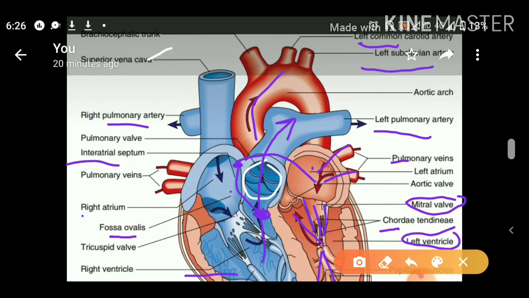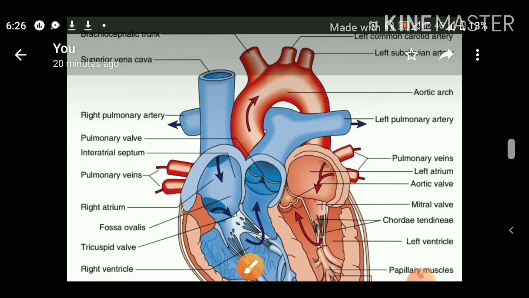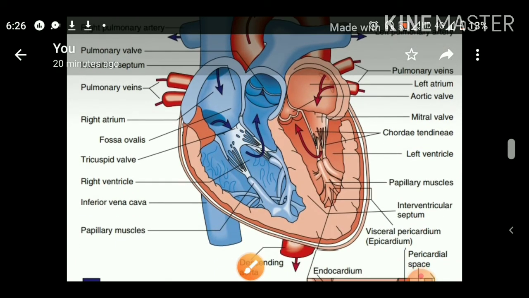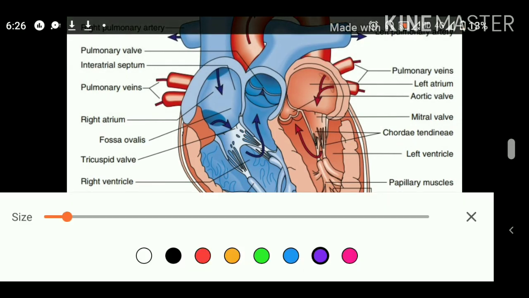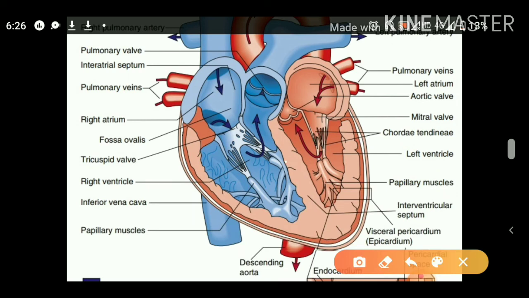From here we have bundle of His which passes through interventricular septum, and later on it divides into Purkinje fibers. These Purkinje fibers enter into ventricular region and they help in contraction of ventricular region.